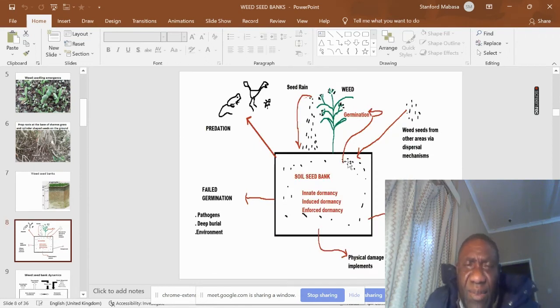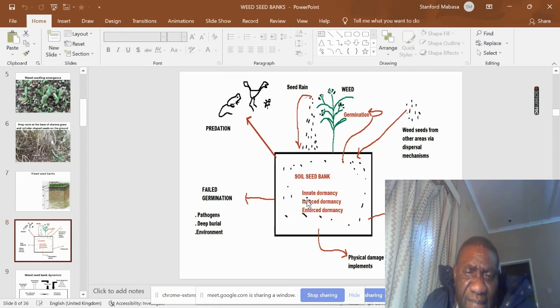I just want to use this diagram to illustrate what is happening to the weed seed bank. The weed seed bank is represented by that box in the center, if you may call it.